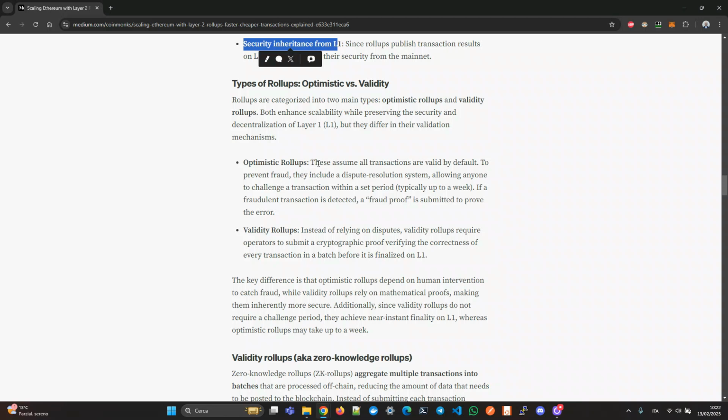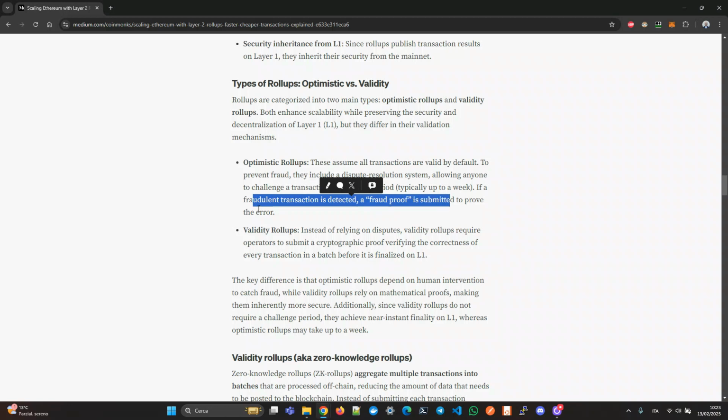The optimistic rollups assume that all transactions are valid by default, and to prevent fraud, they include a dispute resolution system, which means that basically anyone can challenge a transaction, can prove that there is a fraud in a transaction, but within a period of a week. So if a fraudulent transaction is detected, a fraud proof is submitted to prove the error.